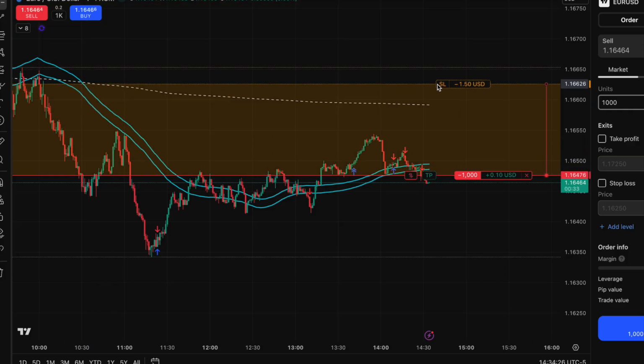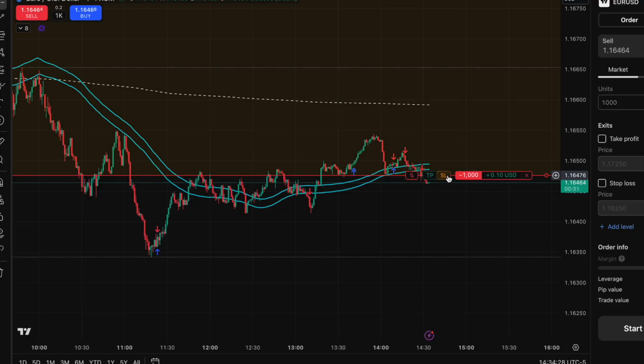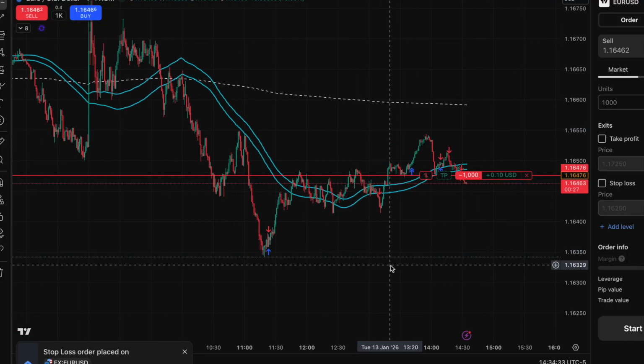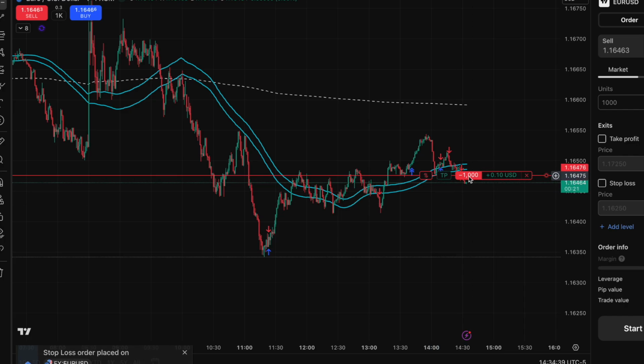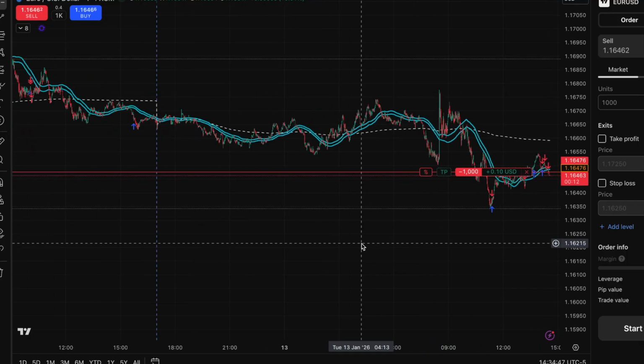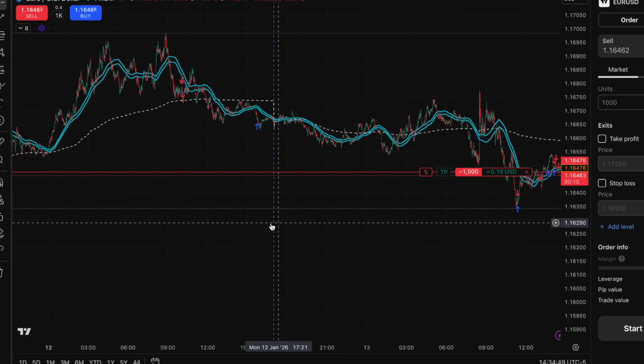if you were to trade 100,000 units, do the math, that would be more money. This goes all the way back over here. So, the more you trade, the more you'll make.